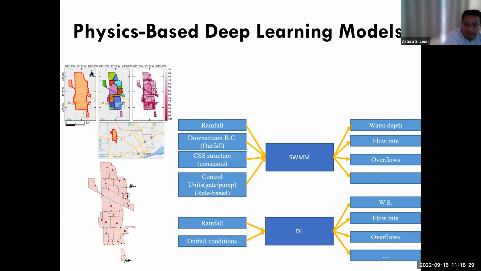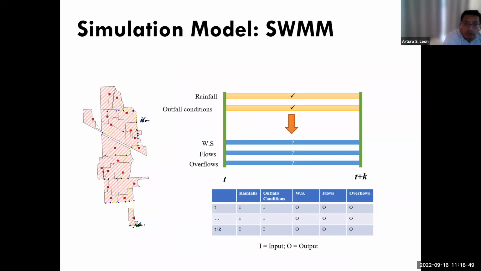After we train the deep learning model, we will only need the rainfall and the outfall conditions to predict the water surface, the flow rates, and the sewer overflows. As I mentioned, for the simulation we have used the SWMM model.